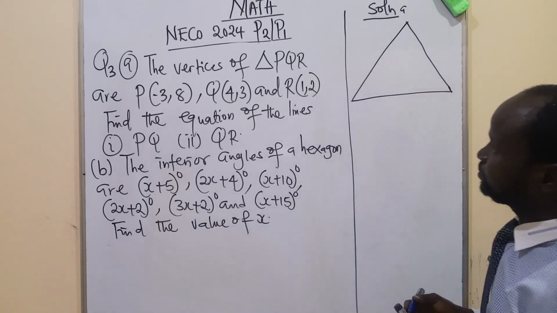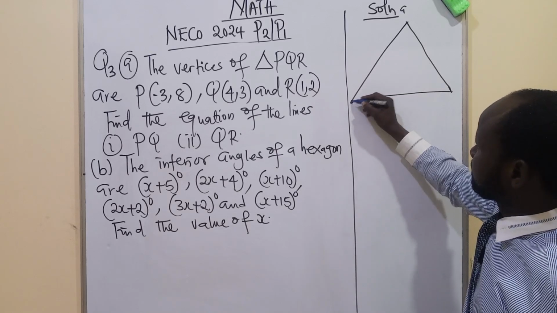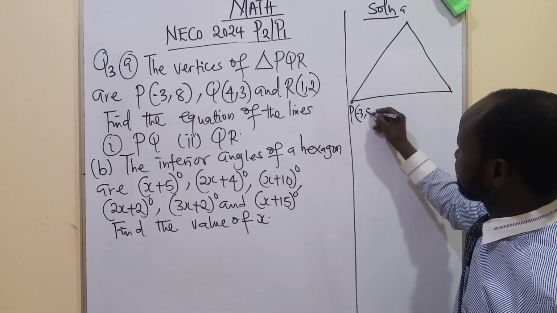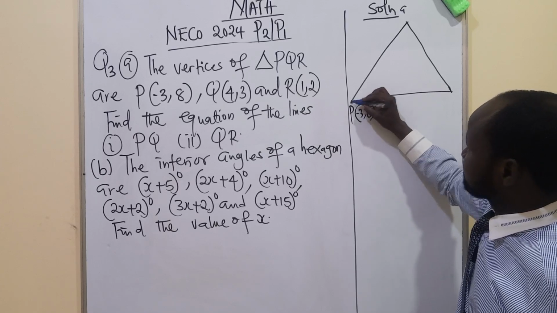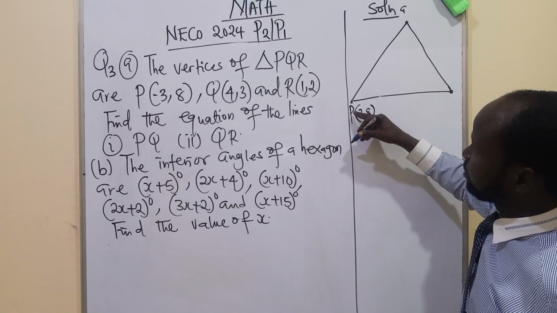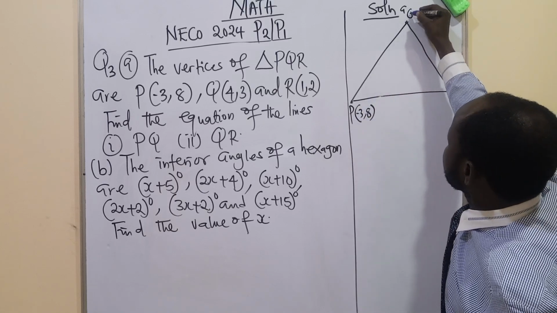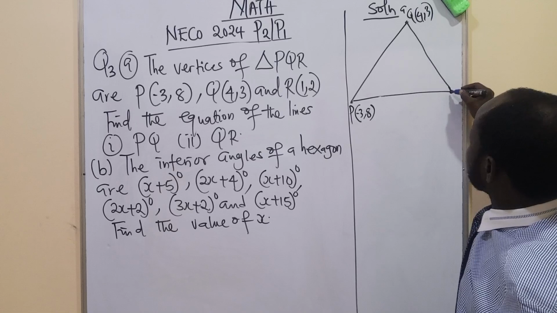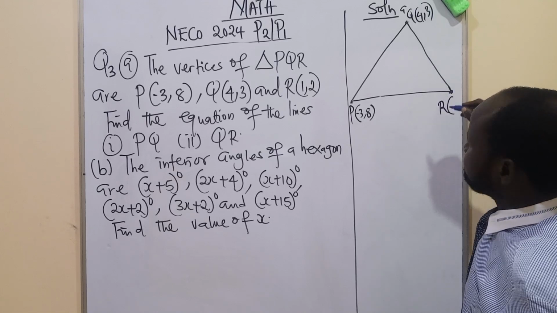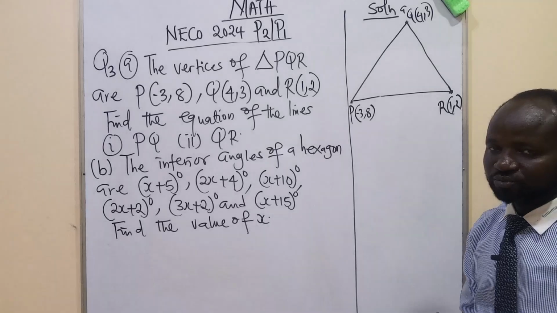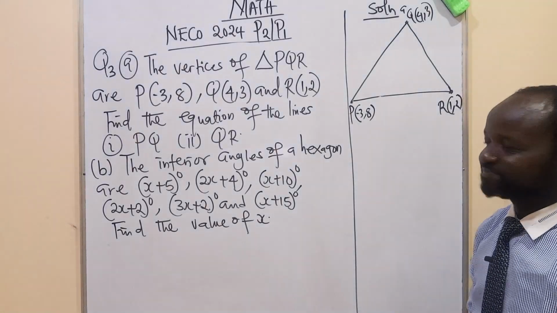Let's say we have our point P here, which is minus 3, 8. As I said before, the vertices are the corners of this triangle. Then Q is here, which is 4, 3. Then R is here, which is 1, 2. So this is how the triangle is going to be.